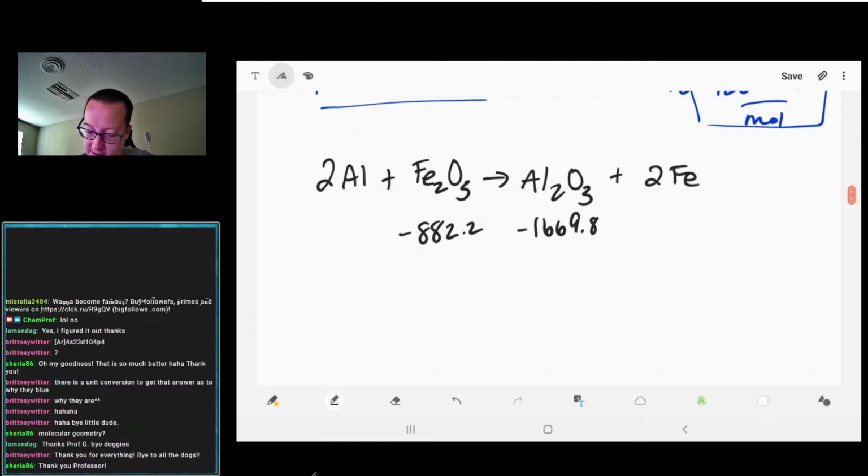So remember that delta H is always going to be the products minus reactants, right?